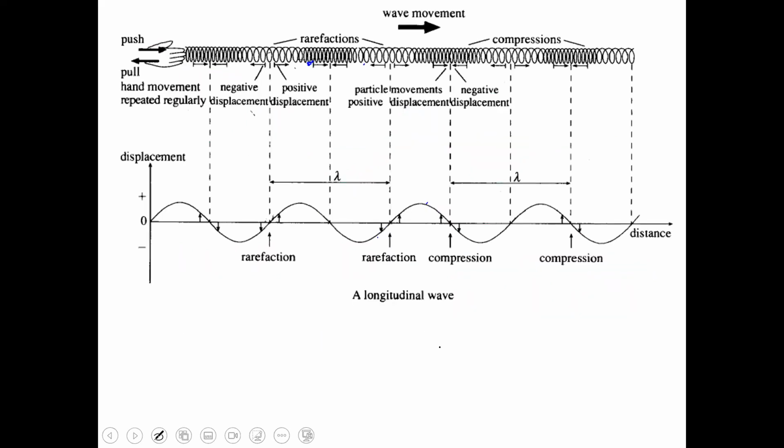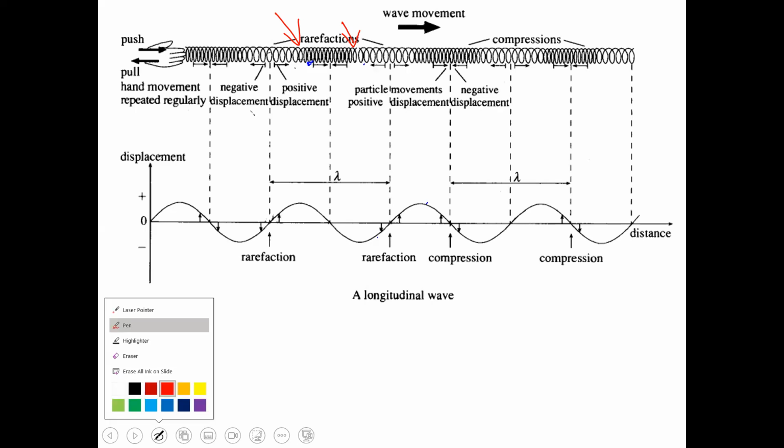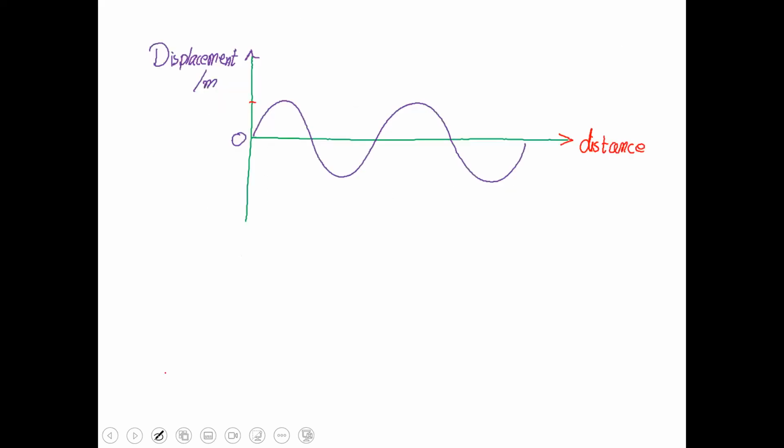At P and Q, the displacement is maximum. And when this happens, when compression is changing to rarefaction, look at this position, this one, or rarefaction is changing to compression. So when compression is changing to rarefaction, or rarefaction is changing to compression, at these positions, the displacement is maximum, maybe positive maximum, maybe negative maximum.